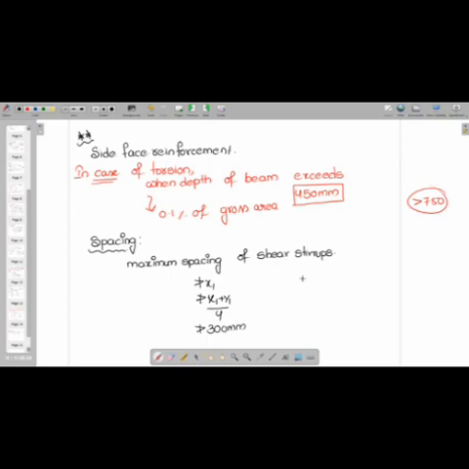What are x1 and y1, you will ask me. x1 is the shorter dimension of the stirrup, and y1 is the longer dimension of the stirrup. Agree, students?